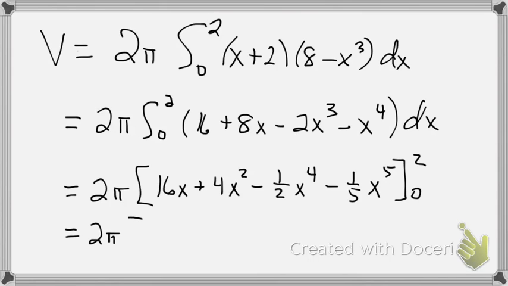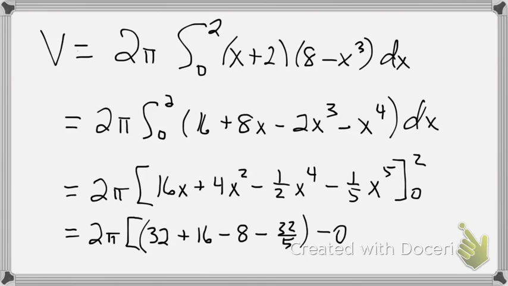So we've got 2 pi. 32 plus 16 minus half of 16 is 8 minus 32 over 5. So there's one bad apple in the bunch, right? There's one in here, that's for sure. And then if you plug in 0, that all works nicely.